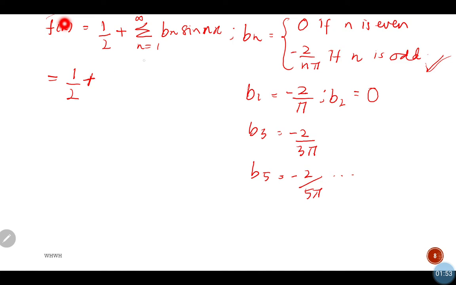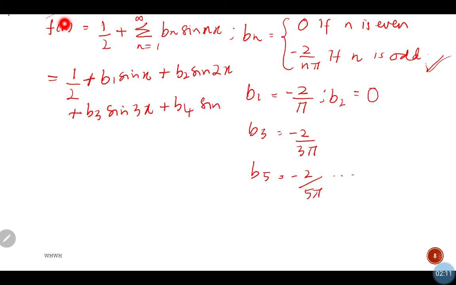Okay, b1 sin x tambah dengan b2 sin 2x tambah dengan b3 sin 3x tambah dengan b4 sin 4x and then tambah with b5 sin 5x.